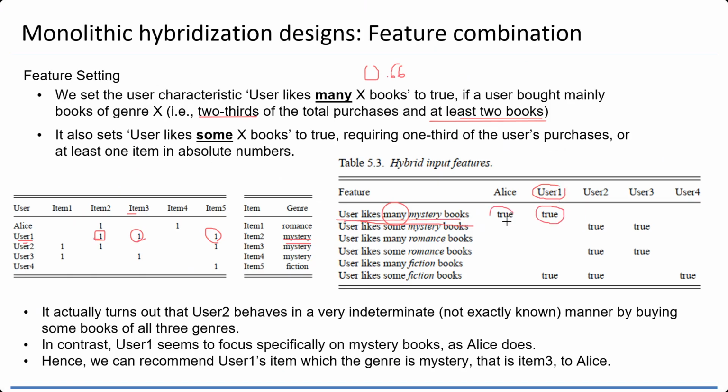What about Alice? Alice bought item two, one, which is mystery, and she also bought item four, one, which is also mystery. Among those two items, can we say 2/3 of the total purchase? No, because Alice only bought two products. But Alice bought at least two books.